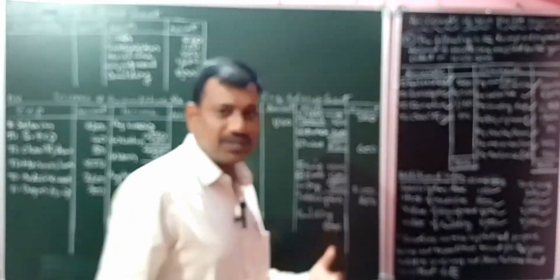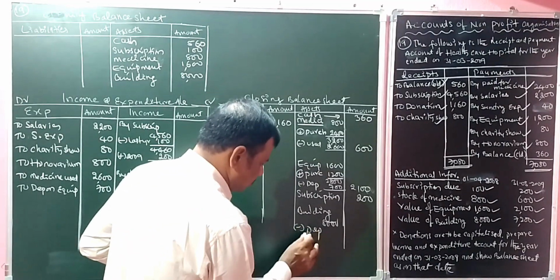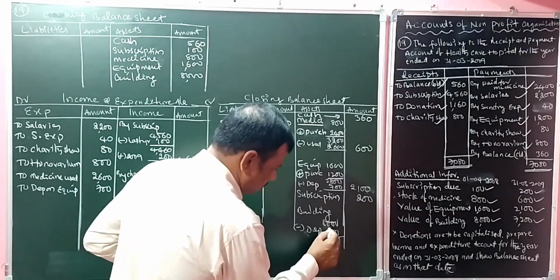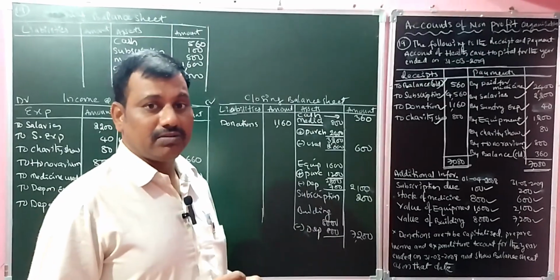What about the remaining 800? That is called depreciation. So depreciation value is 800. Outer column 7200. First time deducted from building, second time income and expenditure account debit side, depreciation on building. So building value, how much? 800. Just write only the deducted value here. Okay, right. So the complete problem is completed.